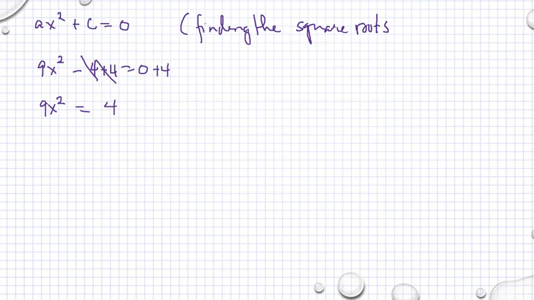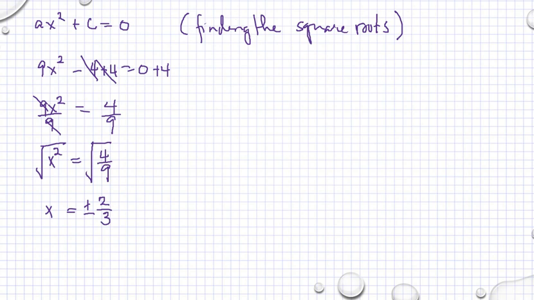And then we divide by 9, divide by 9. Then we have x squared is equal to 4/9. Then we take the square root of both sides of the equation. Then we have x is equal to, when we're taking the square root of a number, we have 2 roots.